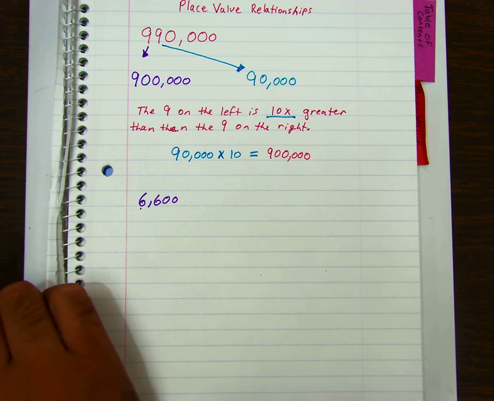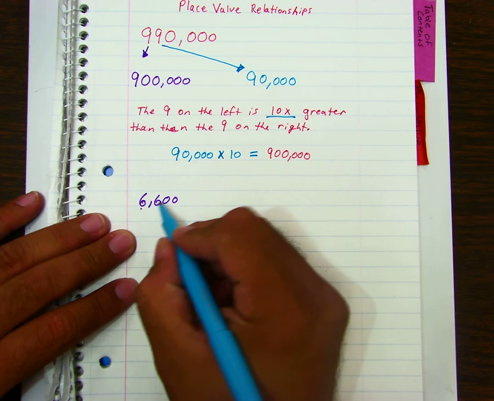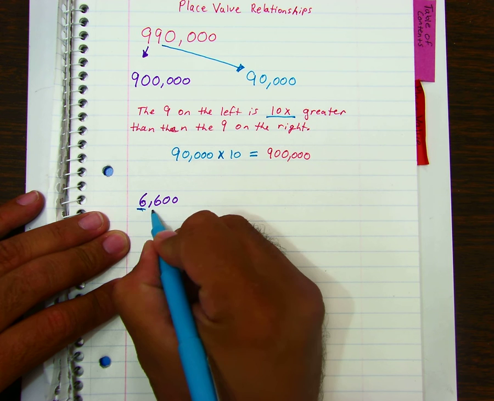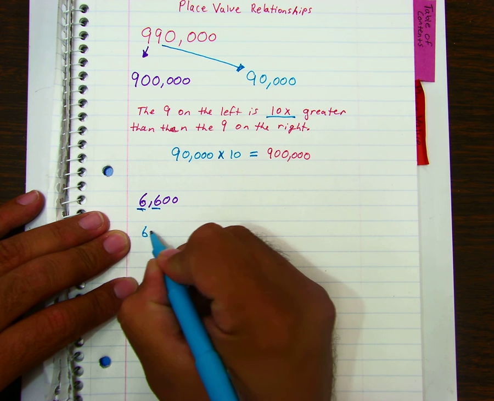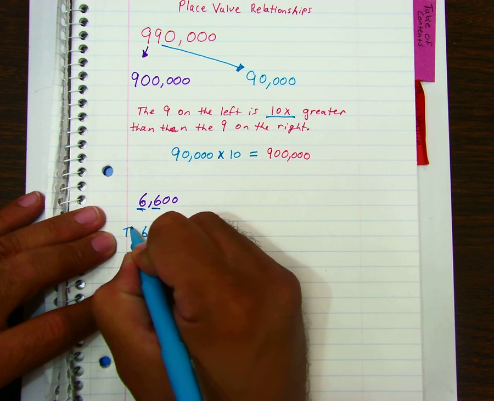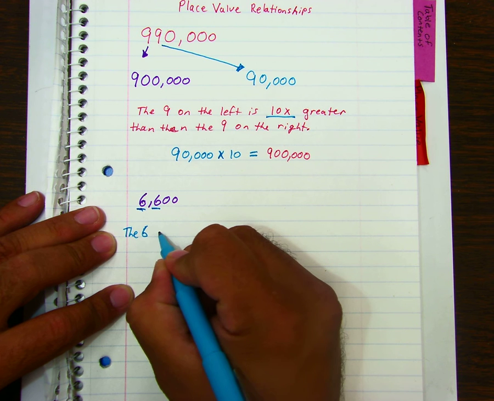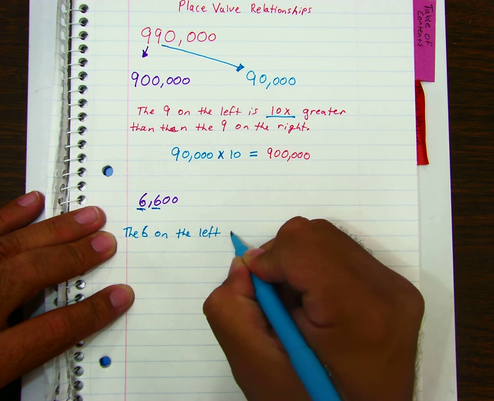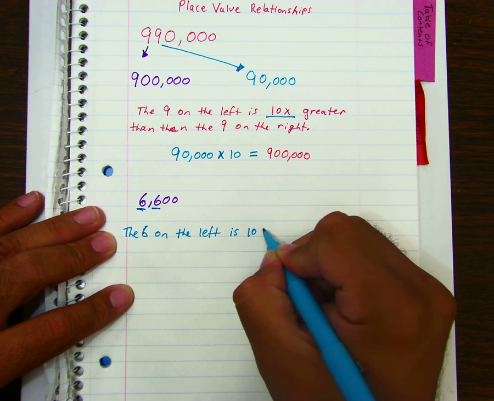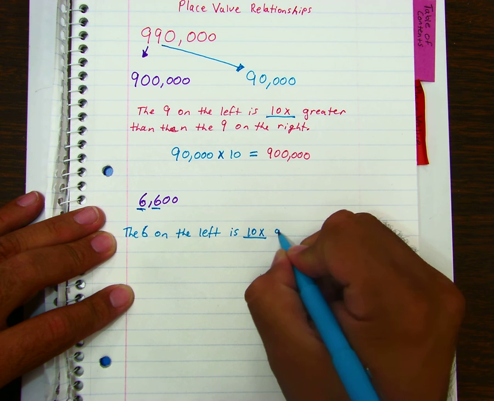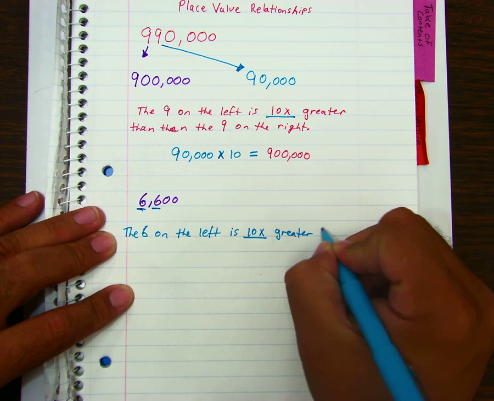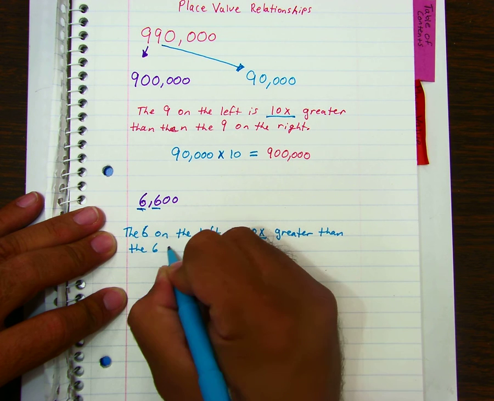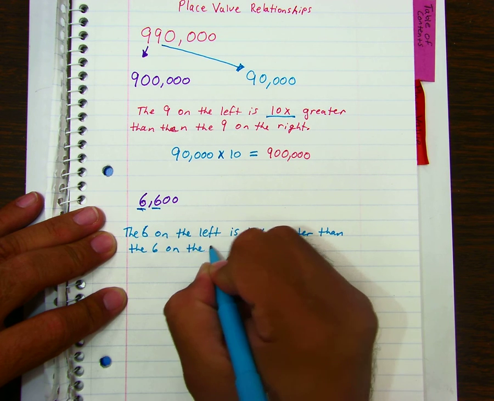But I'm just going to go ahead and write the answer down. The 6 on the left is 10 times greater than the 6 on the right.